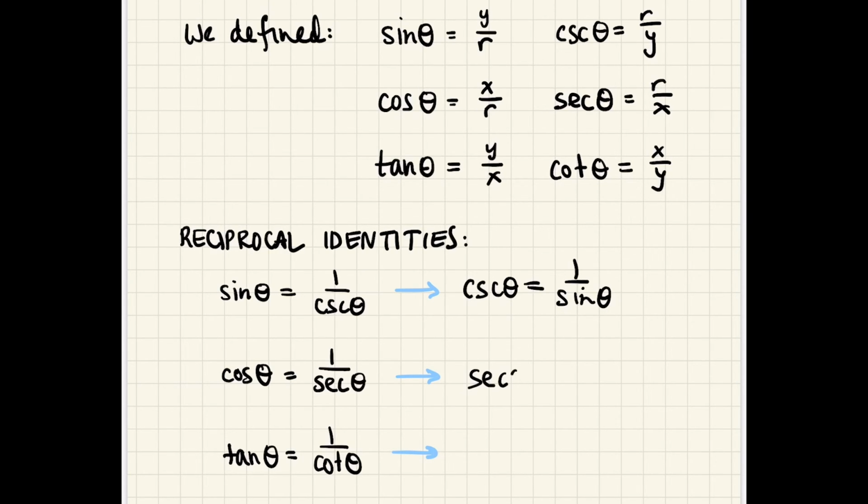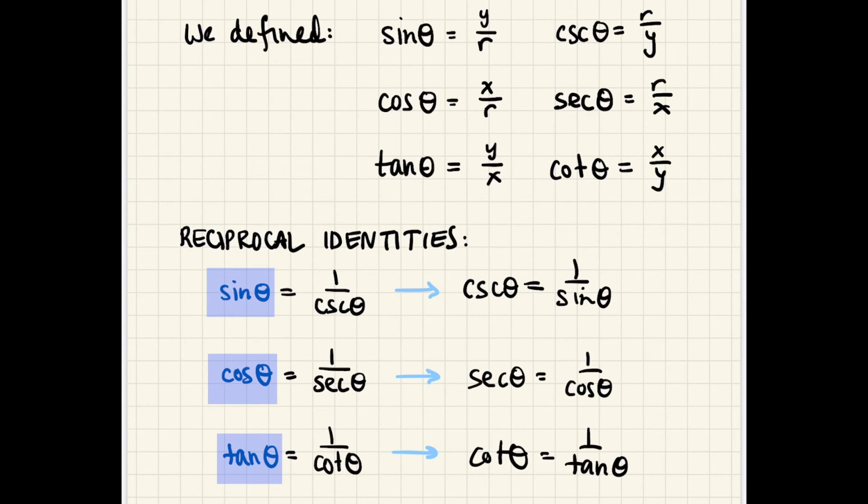Secant of theta is 1 over cosine of theta. And cotangent of theta is 1 over tangent of theta. So what this tells us is you only ever need to know sine, cosine, and tangent, and if you know those three, then you know the other three for free, just by taking the reciprocal of whatever function.